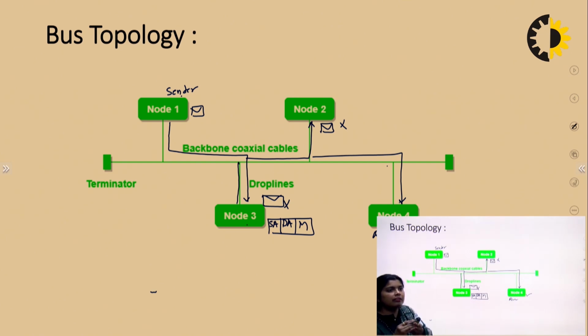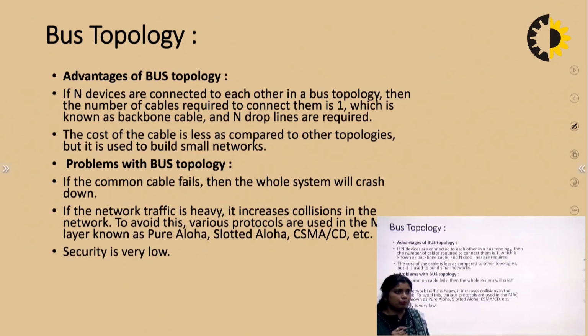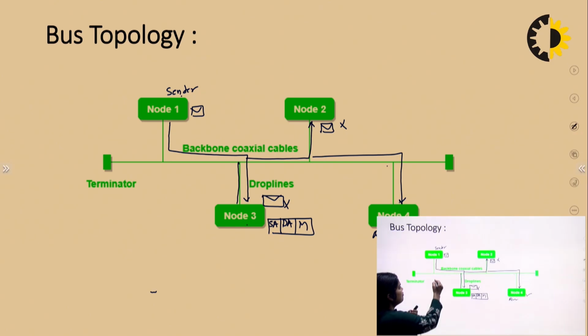This is the simple bus topology, but bus topology is very important because all the labs are implemented with the help of the bus topology. The main advantage of the bus topology is that it requires n plus 1 cables. If I want to add a node, it's simple, I only need one drop line.